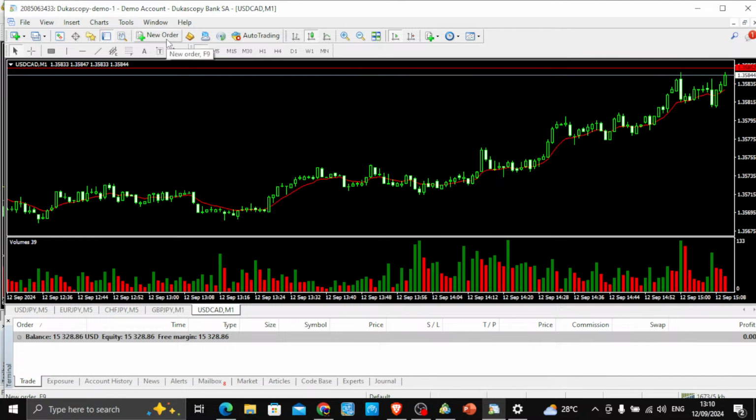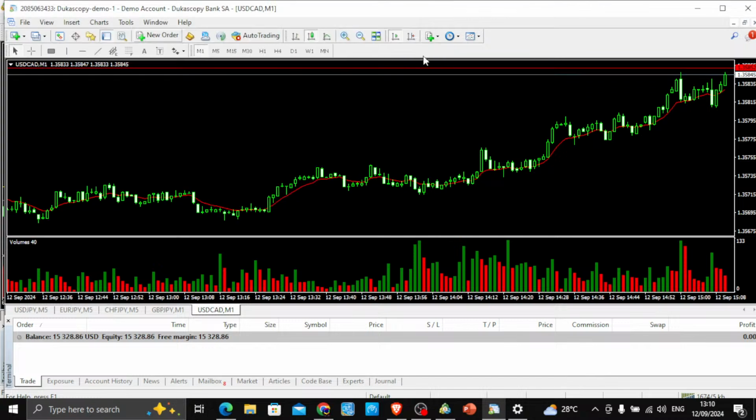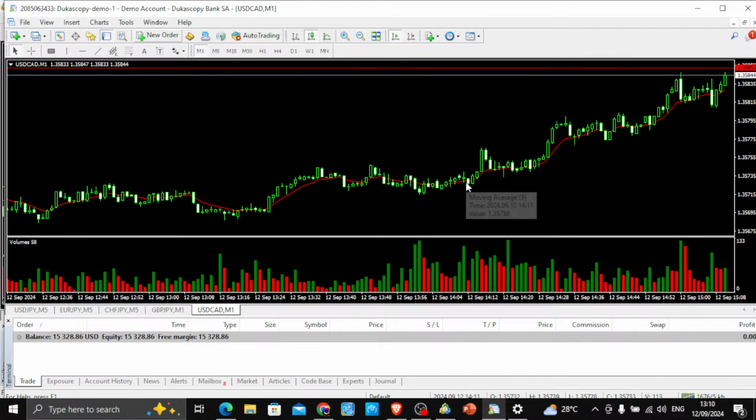That's why it's not advisable to trade very close to economic news, because of the spread and everything, like I have earlier said. Yes, the market has closed, our stop loss has been hit.